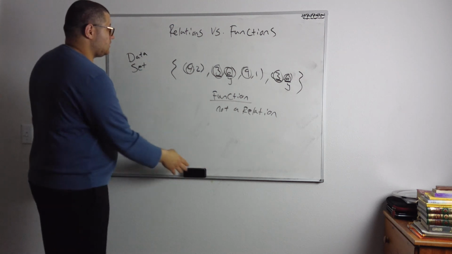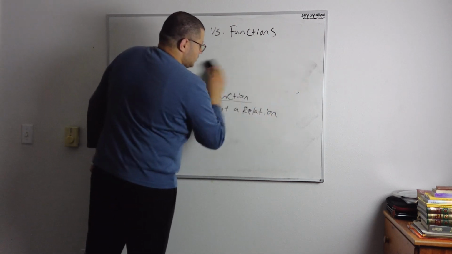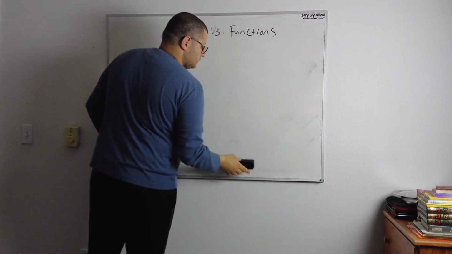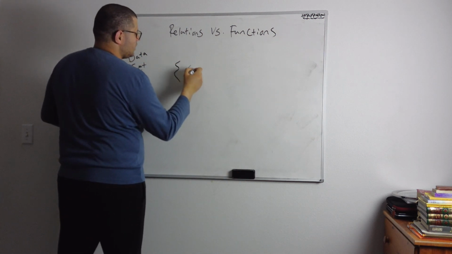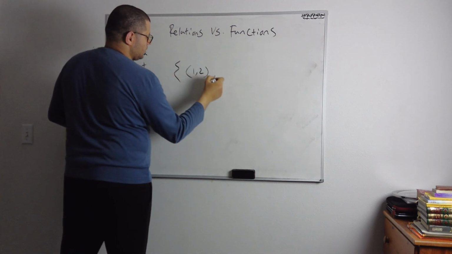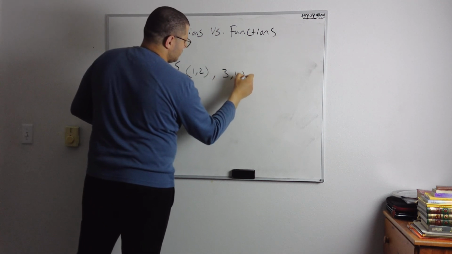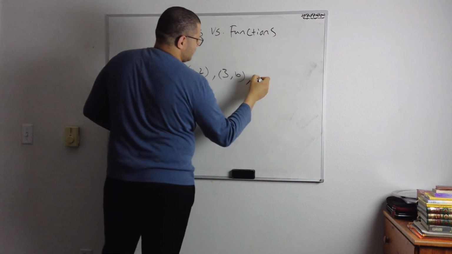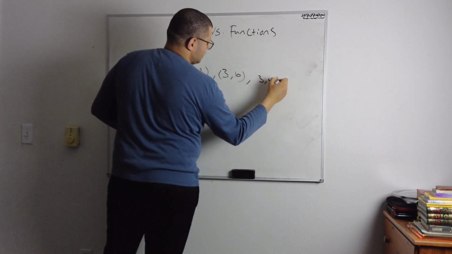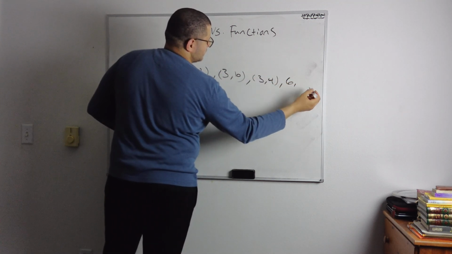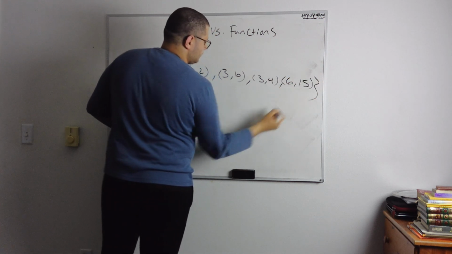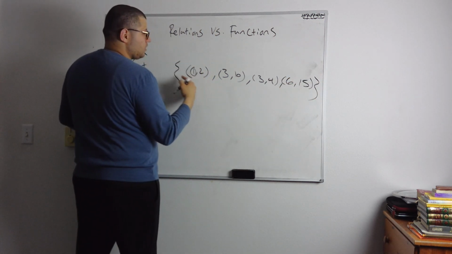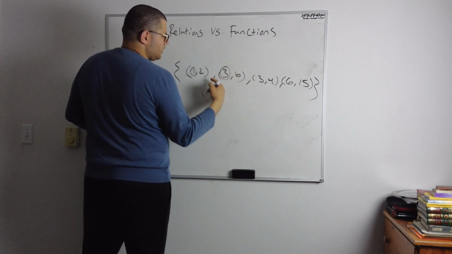Let's have one last example. Now let's say you have (1, 2), (3, 10), (3, 4), (6, 15). 1, any other ones? Nope. 3, any other 3s?